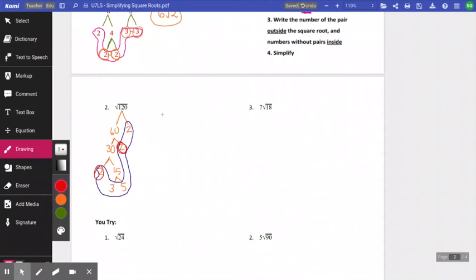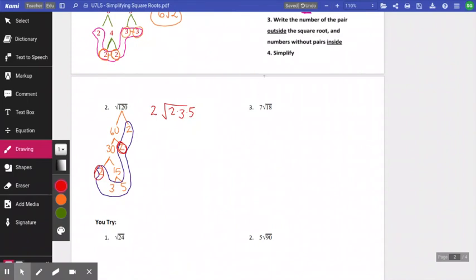Once you've got your pairs, when we go to simplify our square root, what are we doing with those pairs? Well, if there's a pair, it goes outside the square root. So one pair of 2s means one 2 outside. And then all of these numbers that are by themselves all go inside. So we've got a 2, a 3, and a 5. And notice I've got those multiplication signs between them.